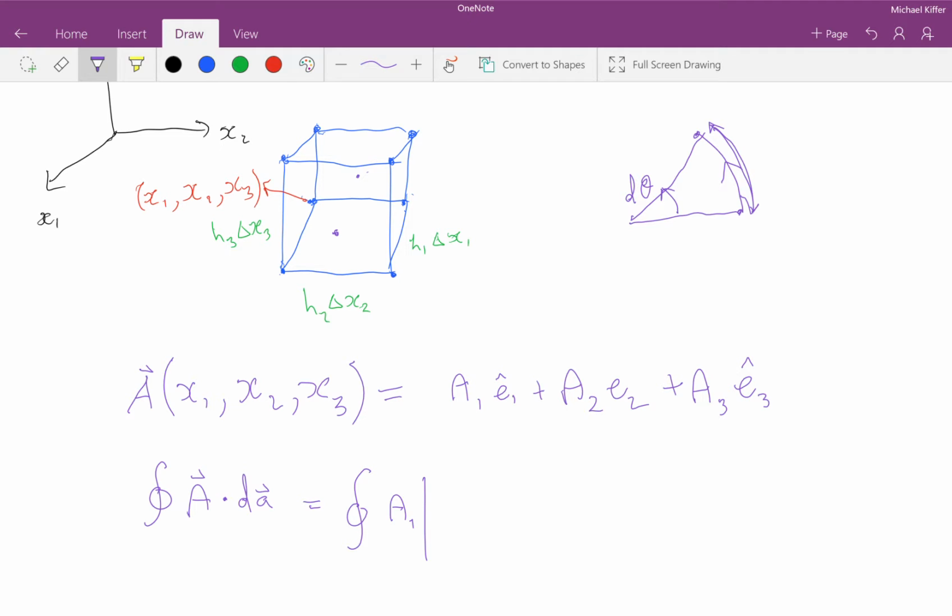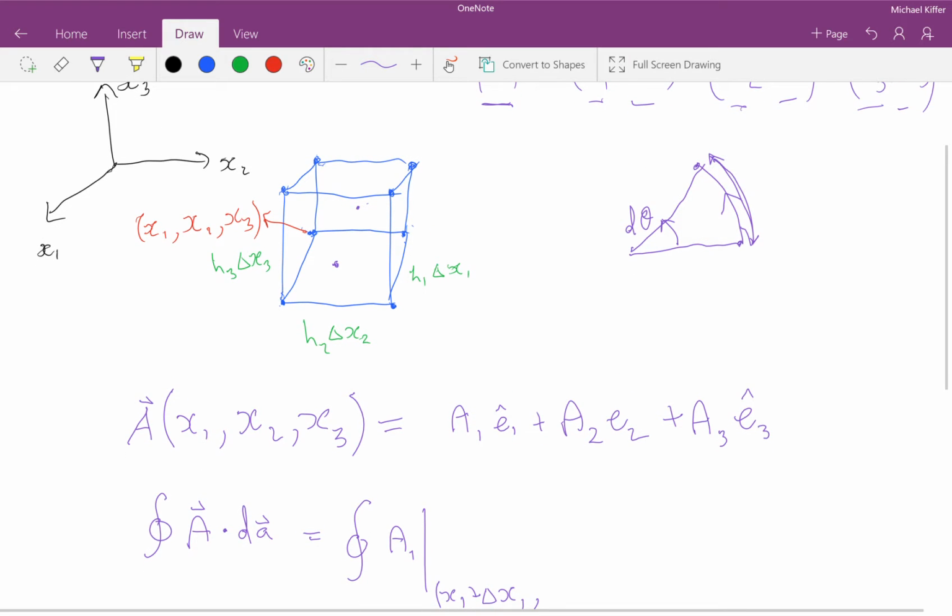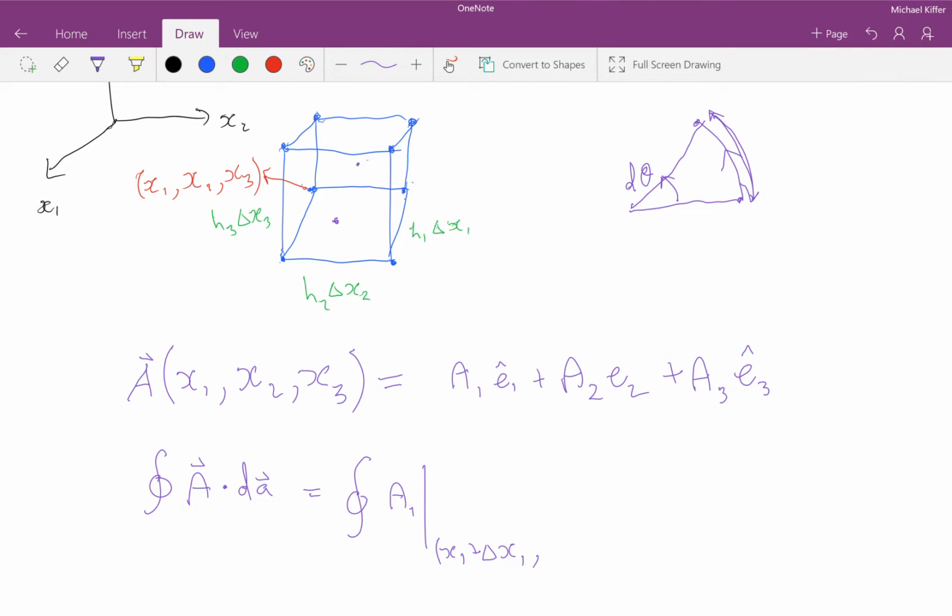So that front face, we can say, is at x1 plus delta x1, and we're going to assume that because these distances are really tiny, we're just going to take A1 at x2 and x3, and this dA component is the direction of that front face, which happens to be dx1.